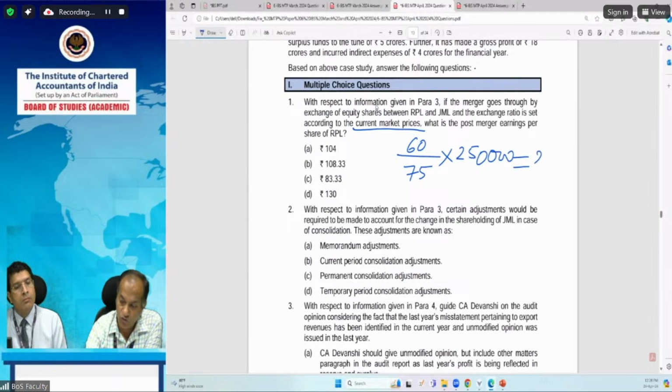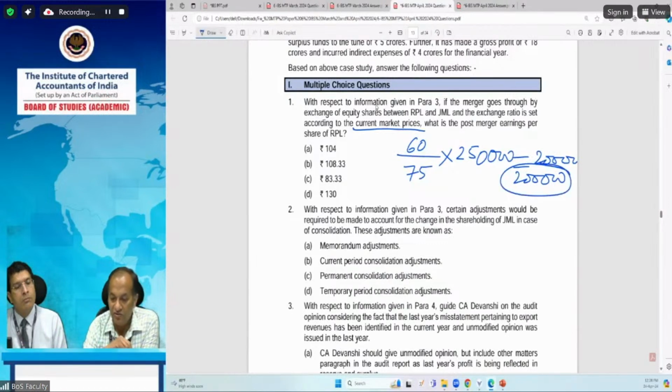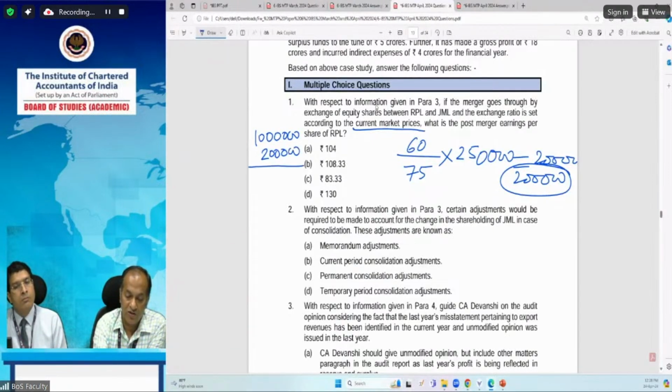So of course 2 lakh shares of RPL will be given to the shareholders of JML. Now after this, the existing holding of RPL is 10 lakh shares. Adding to it the shares issued to the holders of JML, the total number of shares becomes 12 lakh.